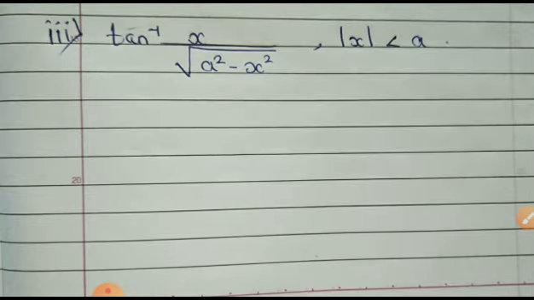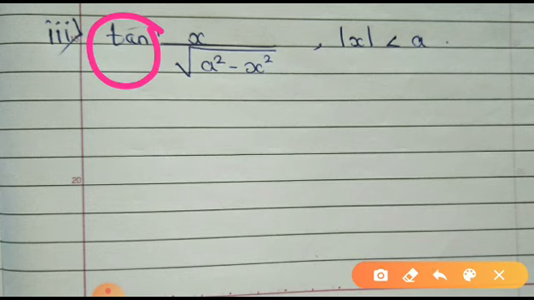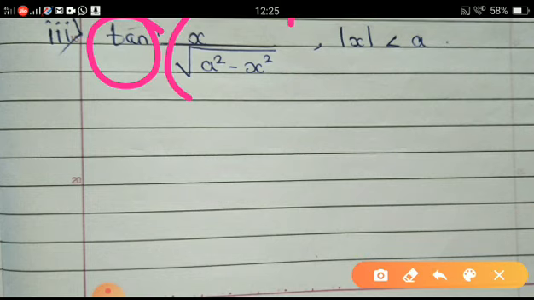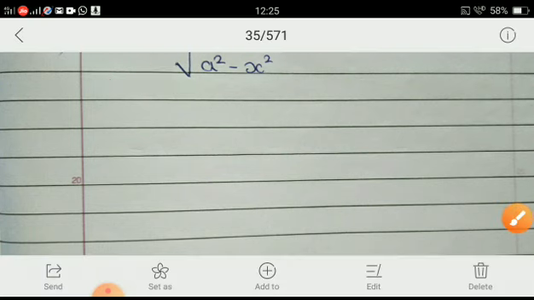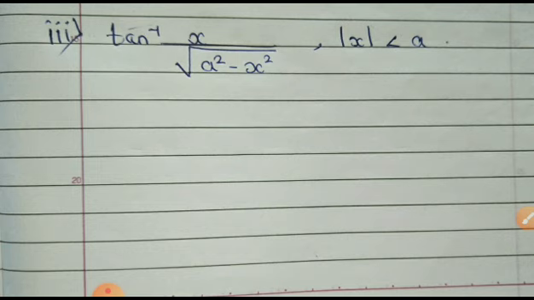Next is tan inverse of x by root of a square minus x square. Again, since here it is tan, I need here somewhere tan or cot. So how to get that one? Check which substitution I should do. In the denominator I have a square minus x square.